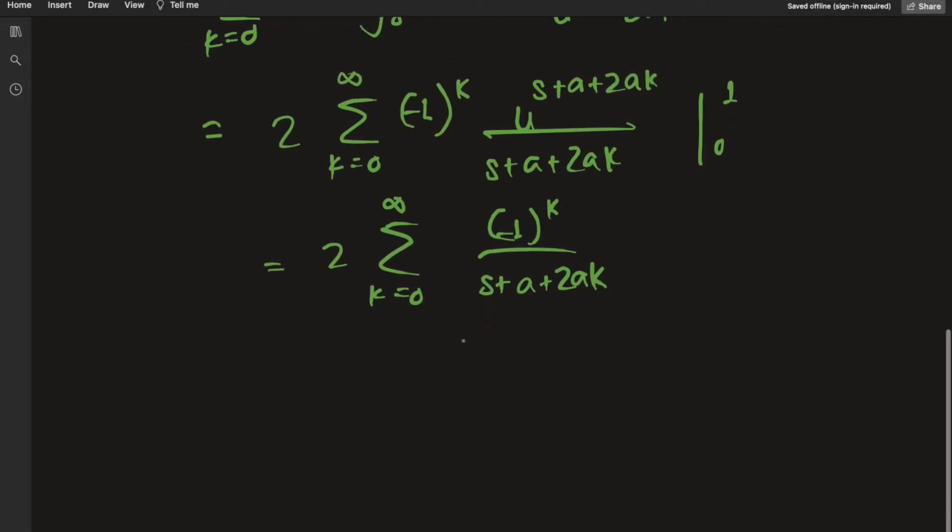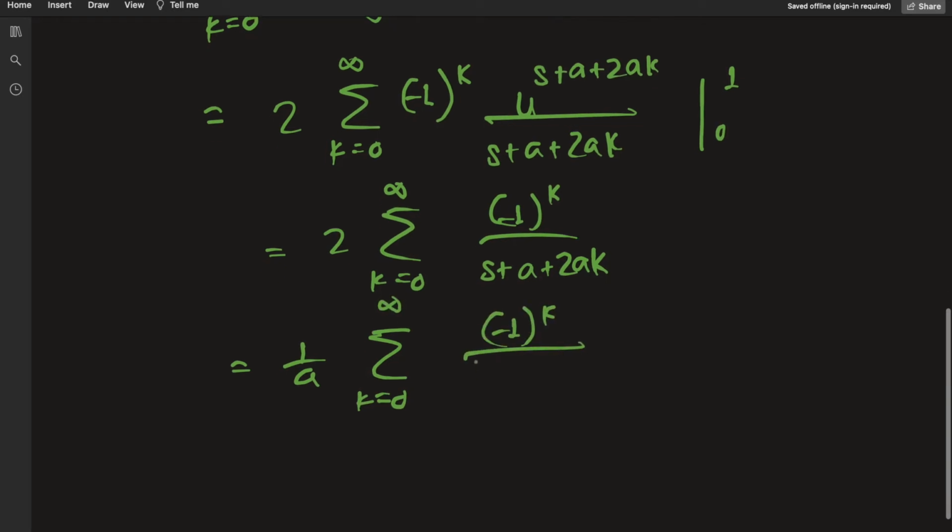Now I would like to divide by 2a everywhere, so I have 1 over a, sum from k equals 0 to infinity minus 1 to the k, so we just get a k plus s over 2a plus 1/2.